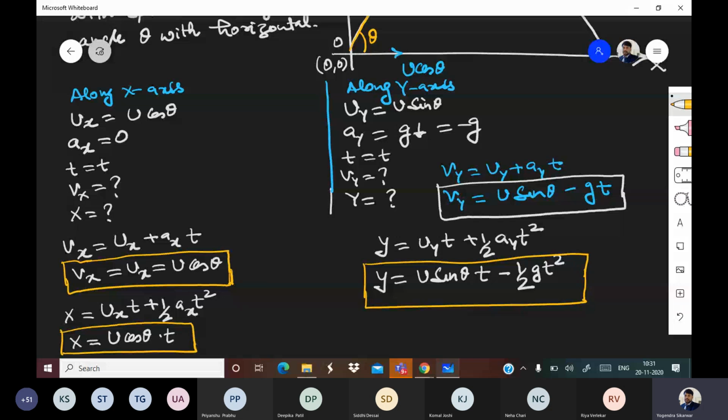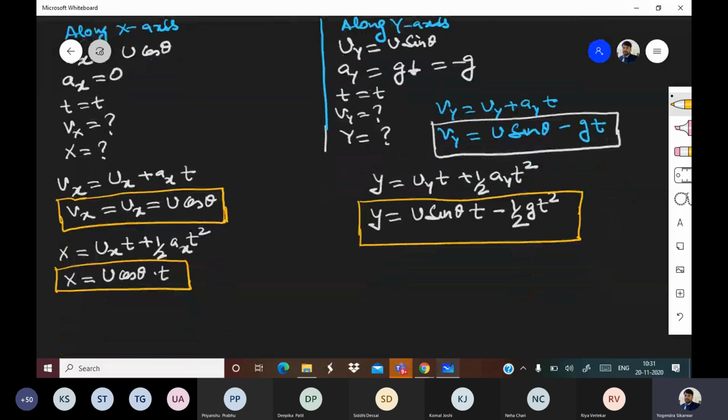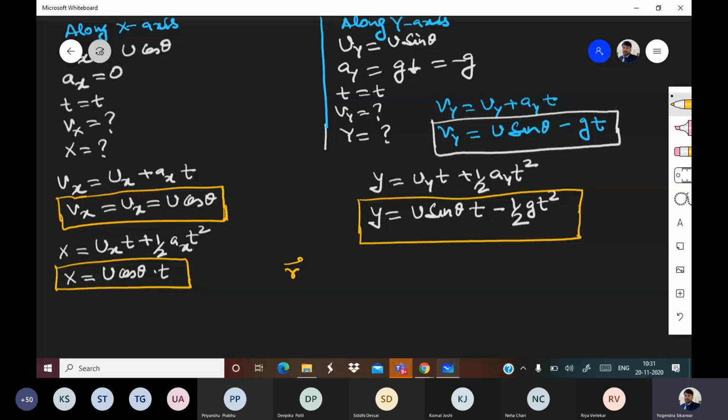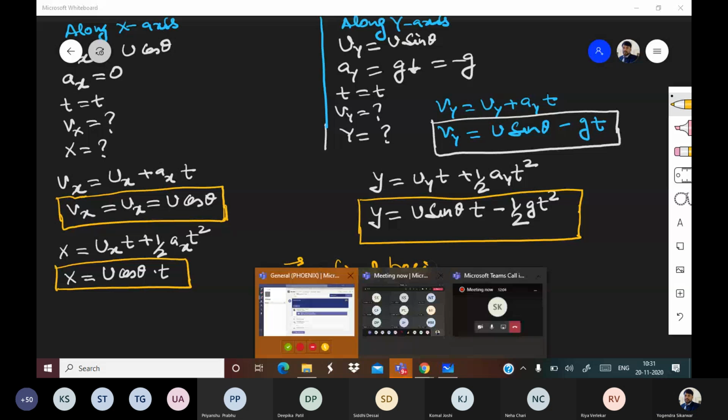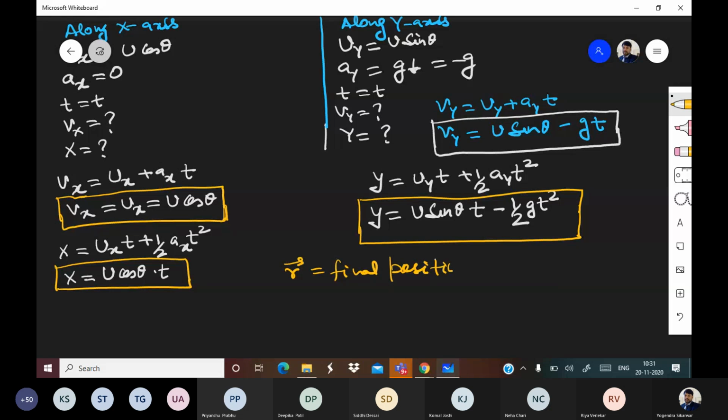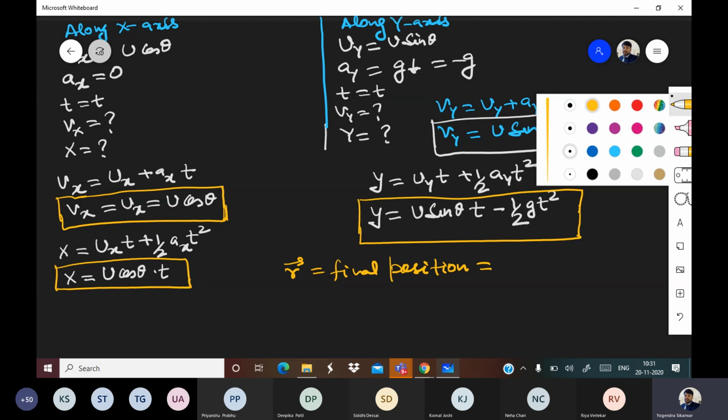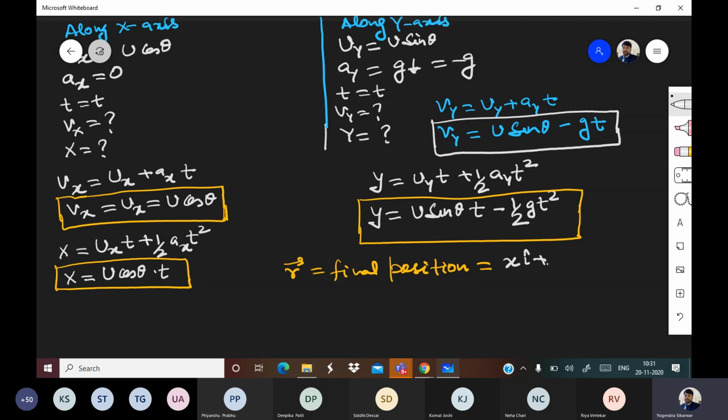So what will be final position r vector? So r vector, which is final position, is equal to x i cap plus y j cap. Okay. X and y we have already calculated.